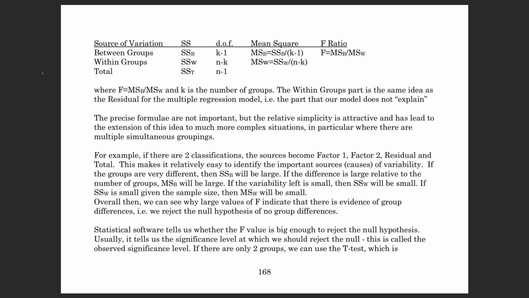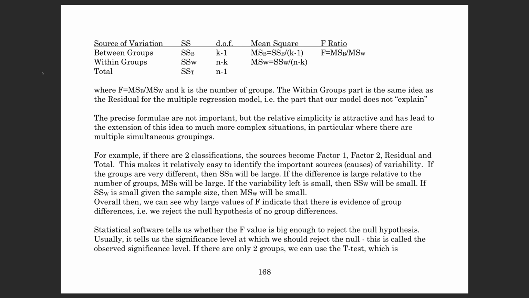And if we have k groups, then again obviously we'll have k minus 1 degrees of freedom for the between groups, and obviously again we start out with n minus 1 degrees of freedom because we've subtracted the overall mean. So the residual or within groups term has n minus k degrees of freedom.